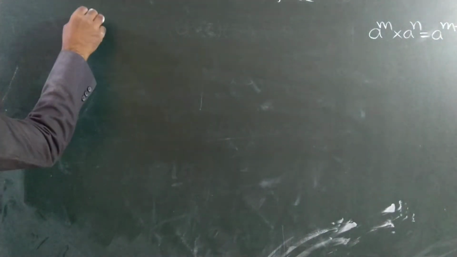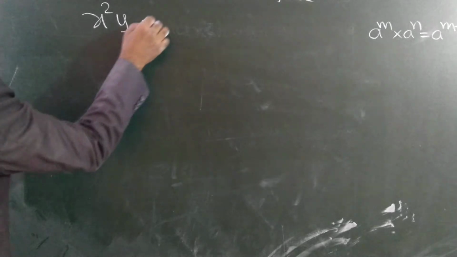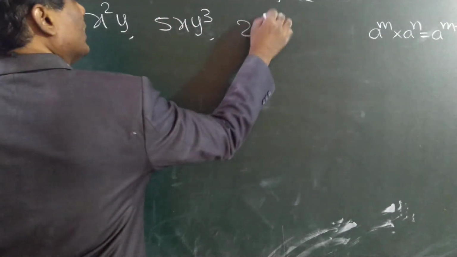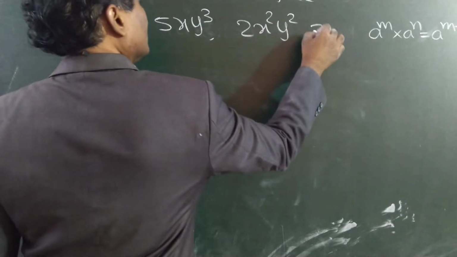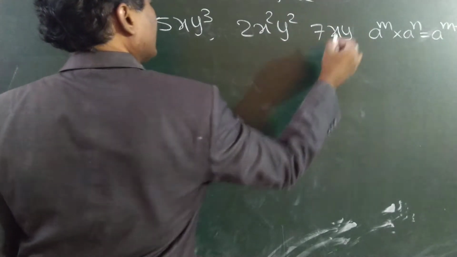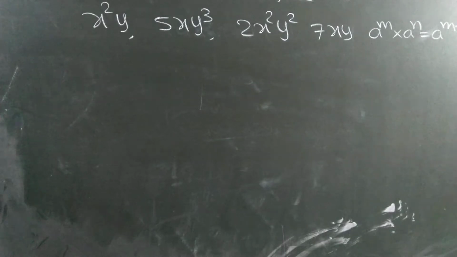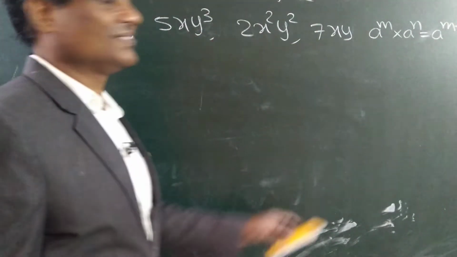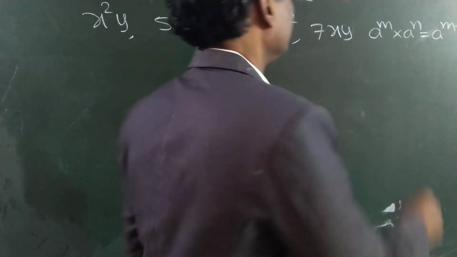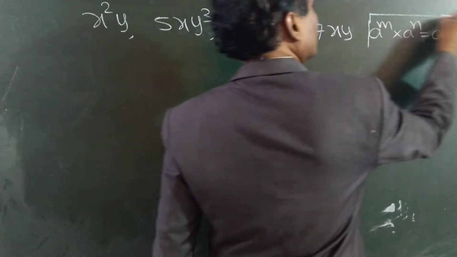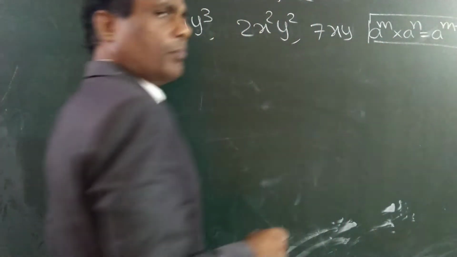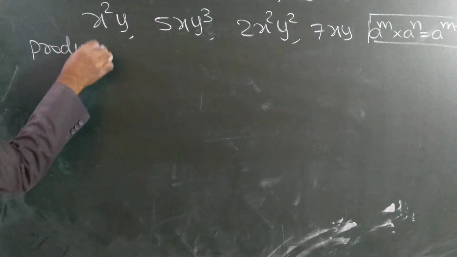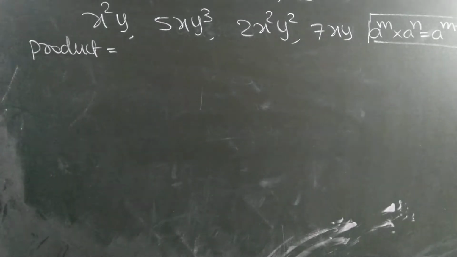Say here, x square y, 5xy cube, 2x square y square, 7xy, like this. Let us take these four monomials. Multiply them, that's all, just for practice.